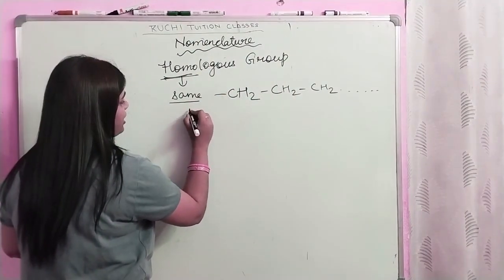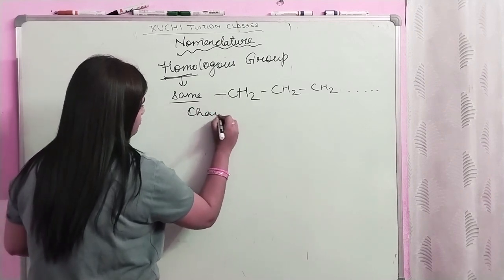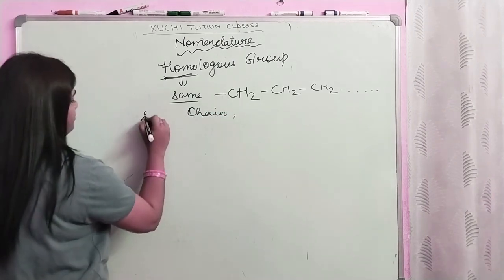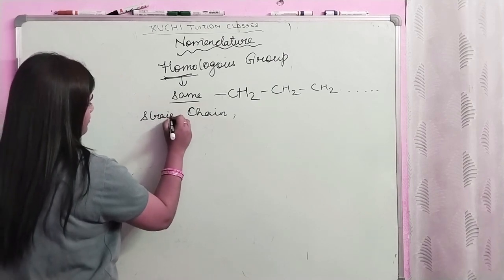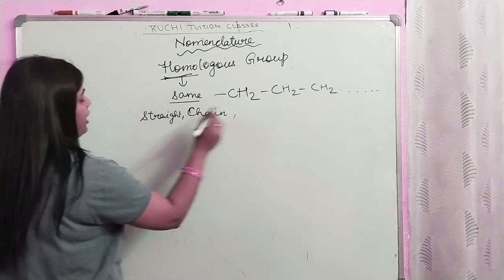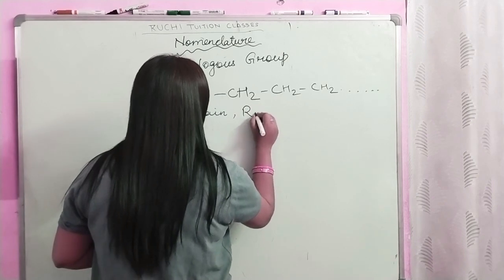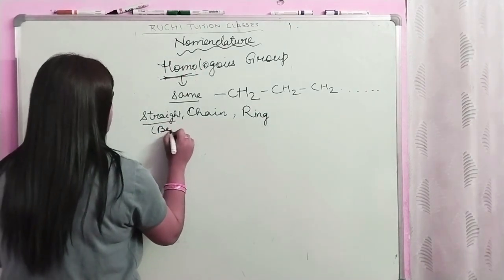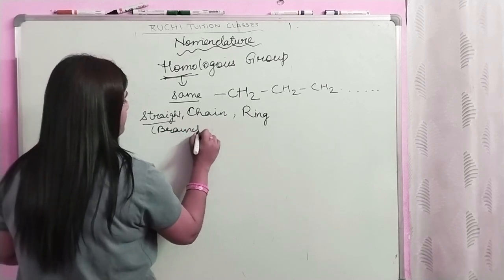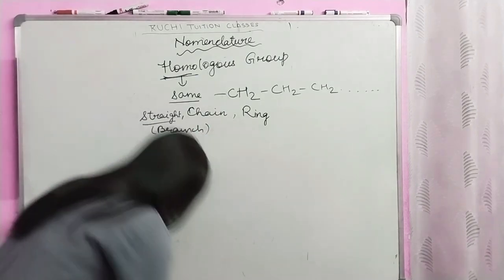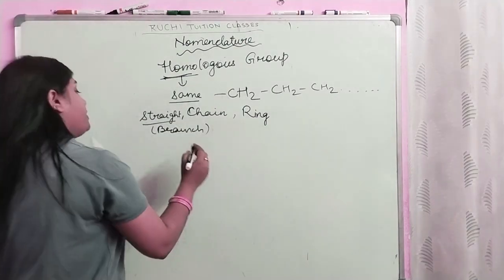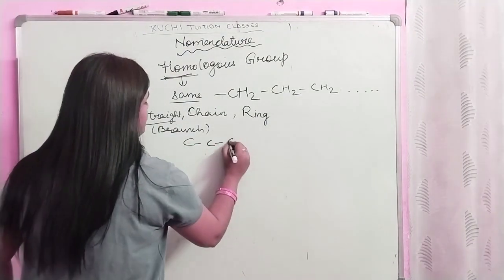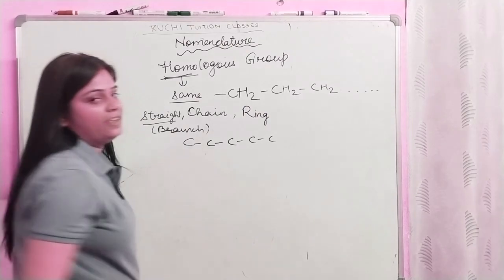One chain is simple, straight chain, and the other is branch chain or ring form. Coming to the straight chain, carbon will be attached in a straight line like this.